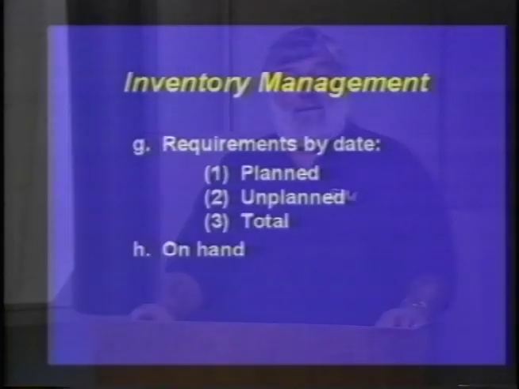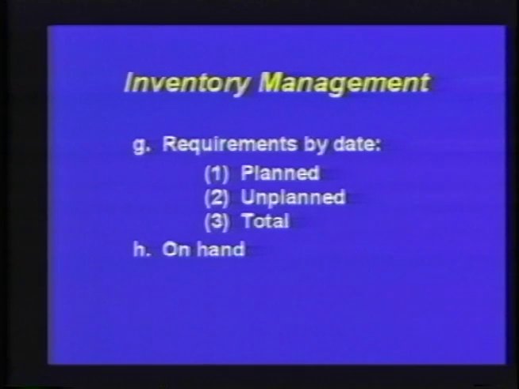The total is the sum of both planned and unplanned requirements where the item is used in both cases. The on hand is the total on hand, and it does not take into consideration individual storeroom locations or bin locations within a storeroom.